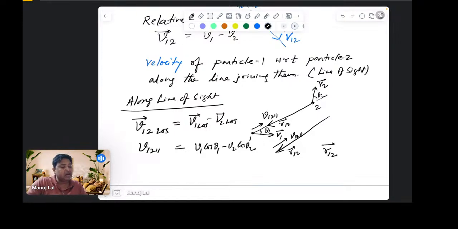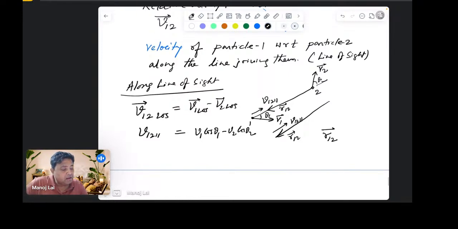Basically, if I say more clearly, V12 parallel to the line of sight, the unit vector in that direction must be the R12 unit vector. But how about the direction? These two are opposite to each other, so there is a minus sign. You must remember this.